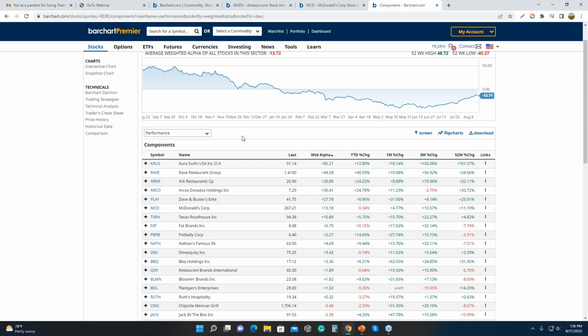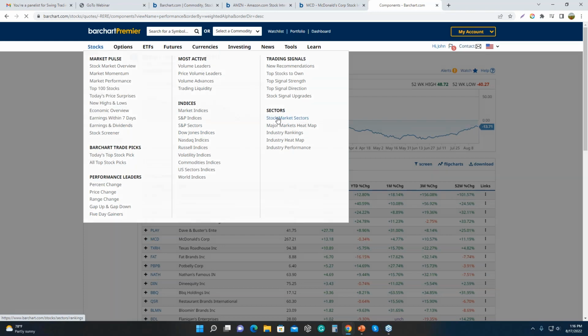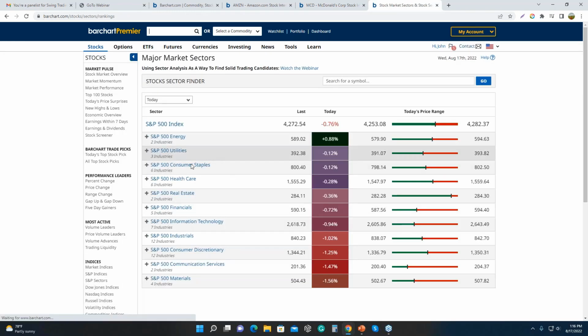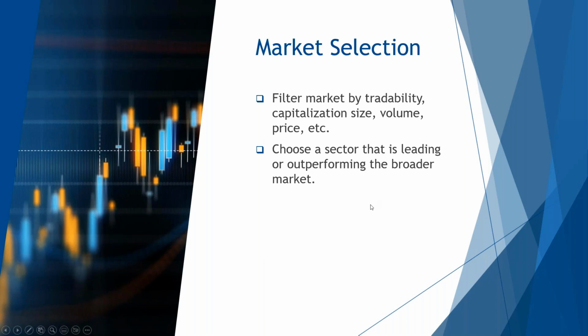All right, but let's go back to sector and go to our discretionaries. All right, so let's do this. So we looked at choosing a sector that's leading or is outperforming the broader market.